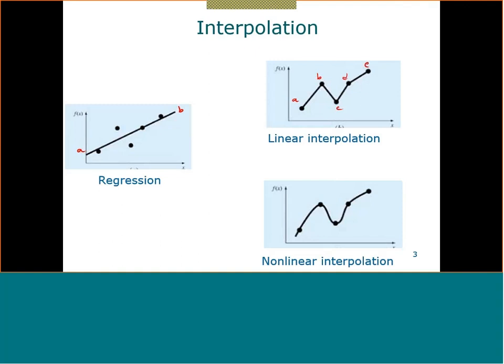So we have here 1, 2, 3, 4 different linear functions to approximate the interpolation. So I will have a function between A and B, a function between B and C, C and D, D and E. So we assume that the function is changing between the points.